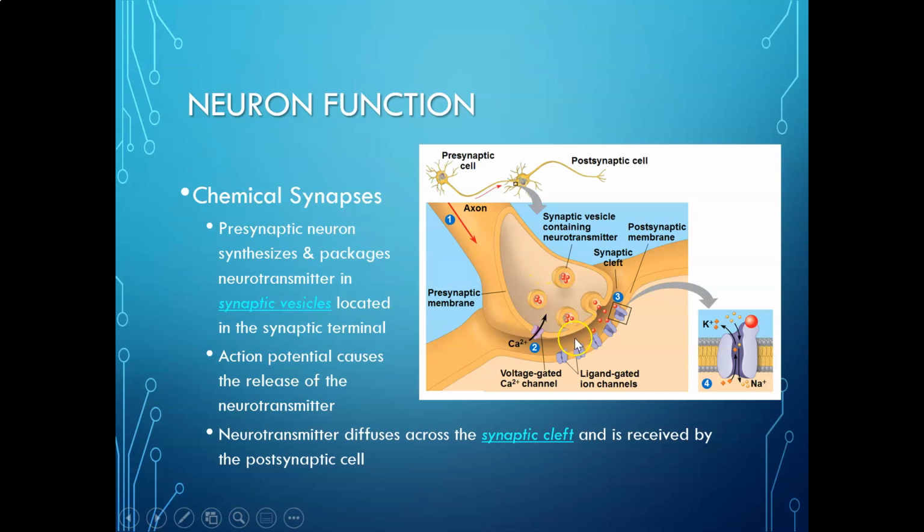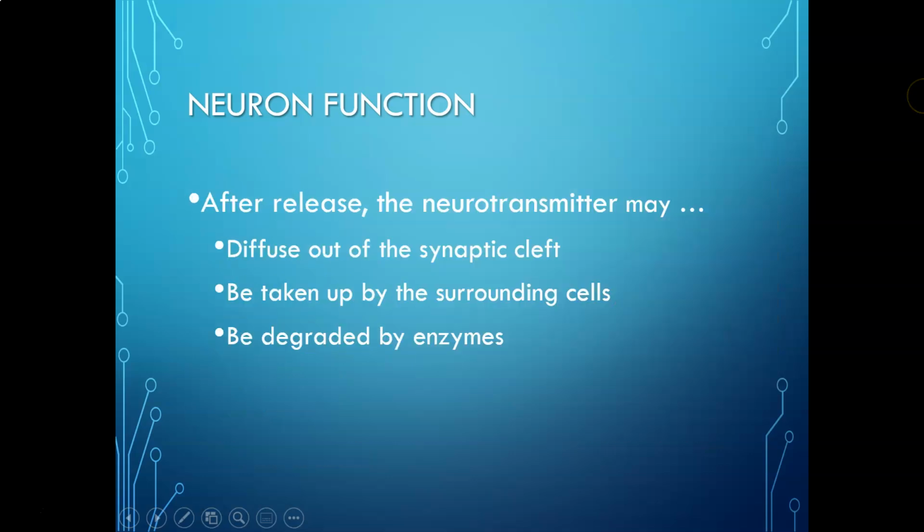Those neurotransmitters then diffuse across the synaptic cleft, which is this little gap here. On the opposite side, on the postsynaptic cell, are ion channels and receptors, something that's going to receive that neurotransmitter and then cause a change in that postsynaptic cell itself. After the release of the neurotransmitter, it diffuses out into the synaptic cleft.